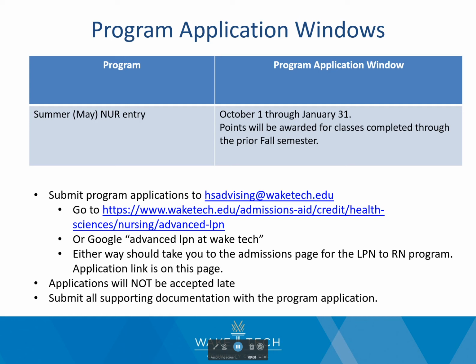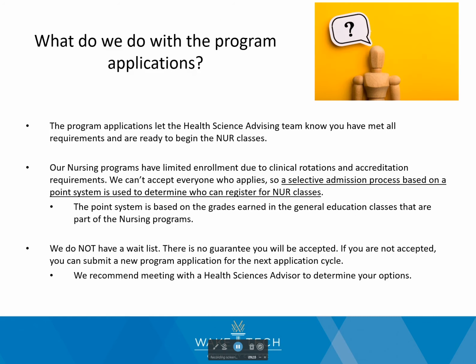If you need to find the program application, I've got the link there, which is a really long link. Or you can just Google Advanced LPN at Wake Tech, and that will take you to the nursing webpage, and the application will be there that you can download to your computer, fill out, save, and then email back to us.